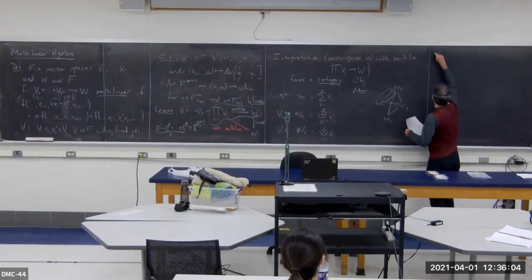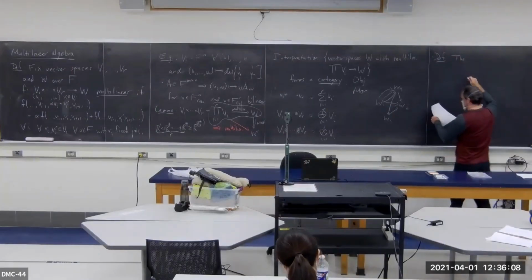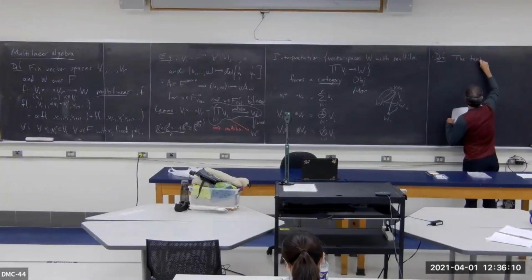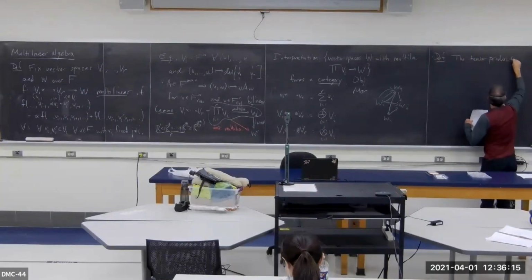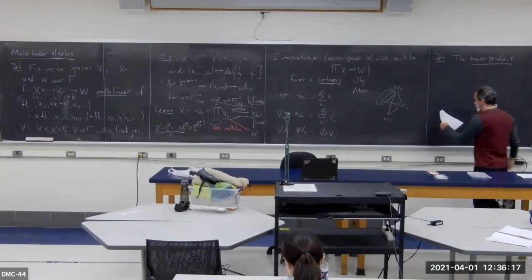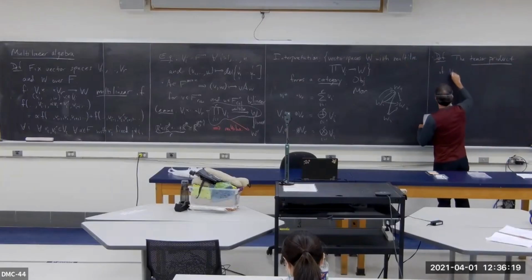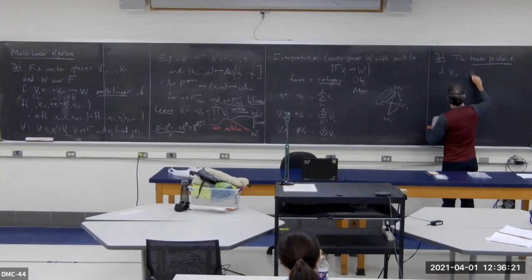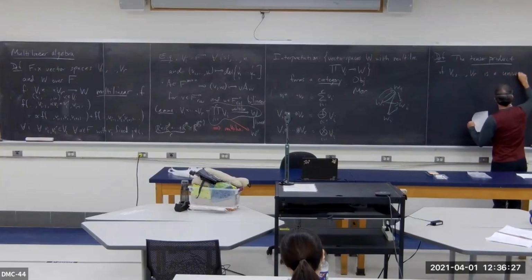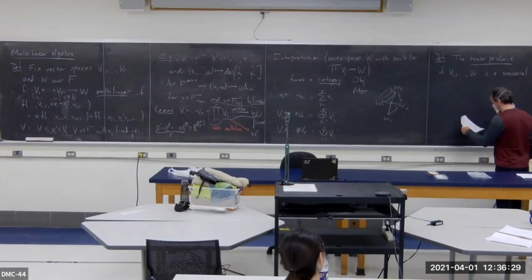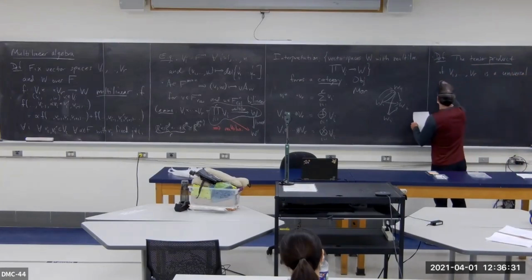So, definition. The tensor product of V1 up through VR is a universal object, and this is a word that you have seen before because I told it to you.